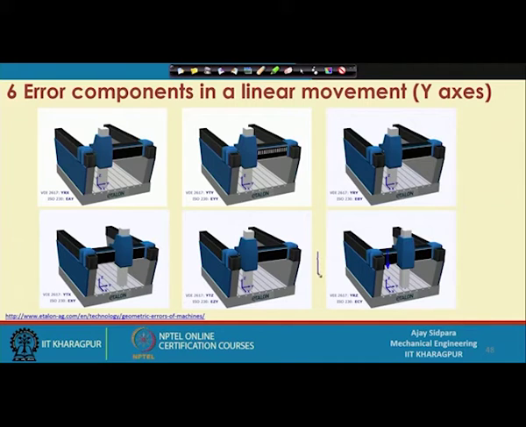So, this one is the y axis, this one x, and this one is the z axis, and your spindle is located in this direction, and then it is taking this particular center and then it is swinging in these two directions, correct. So, these are the linear movement or the linear error components of the y axis motion.